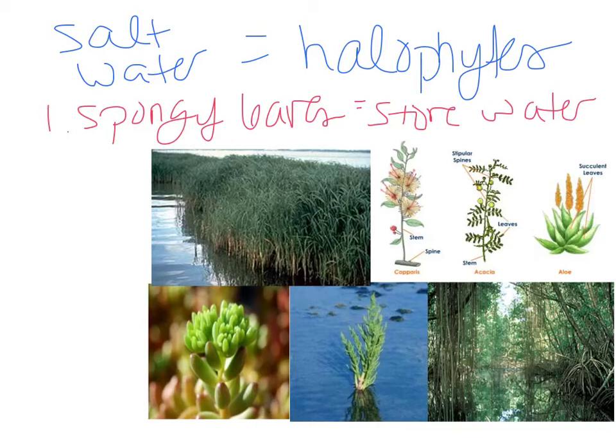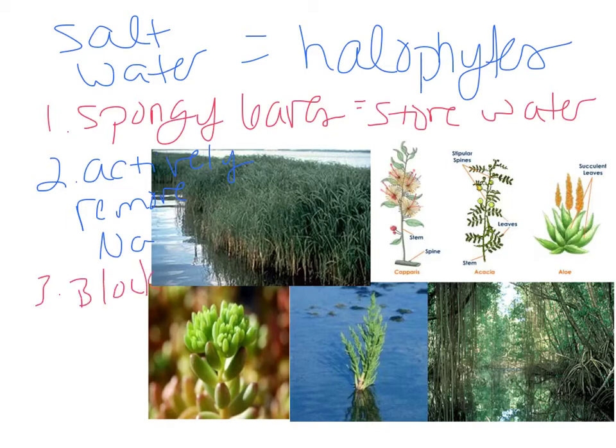You also have some that can do active transport of the salt, so they will actively remove the salt from the roots of the plant. You also have some that basically just block the salt and don't allow it in the first place.